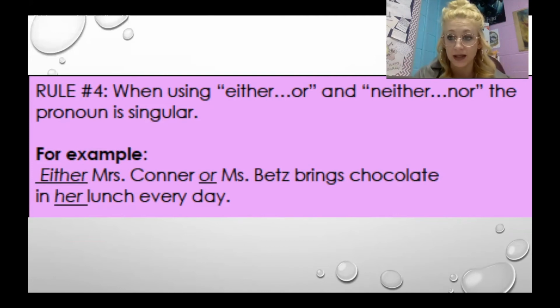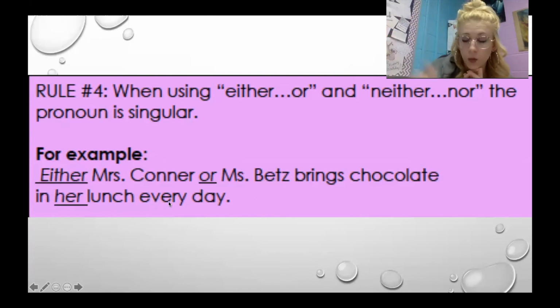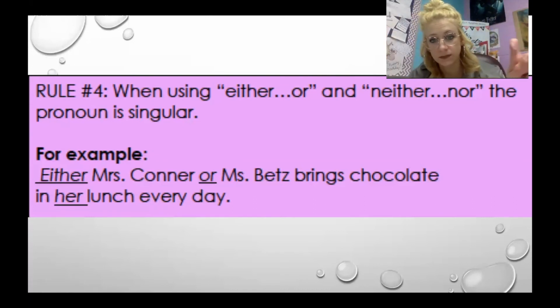It has to be singular and also represent each gender if you have both for your antecedent. But here, either or means either this one or this one. So we need singular pronouns when we see those keywords. All right, let's move to rule number 5.